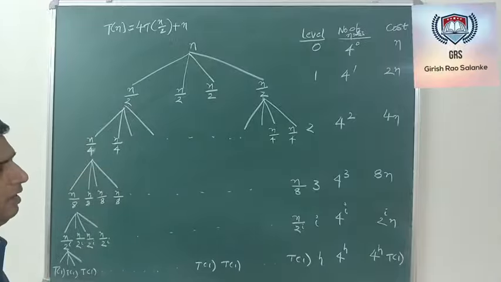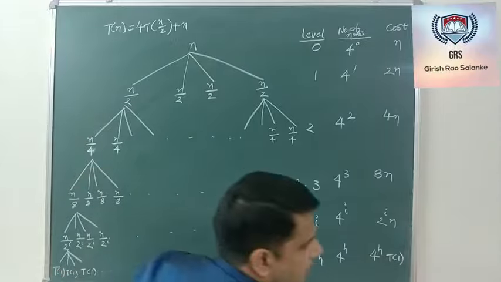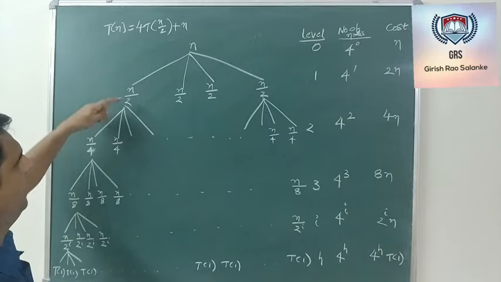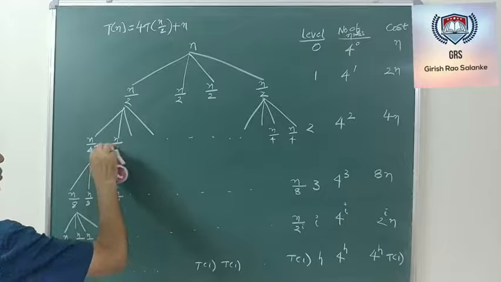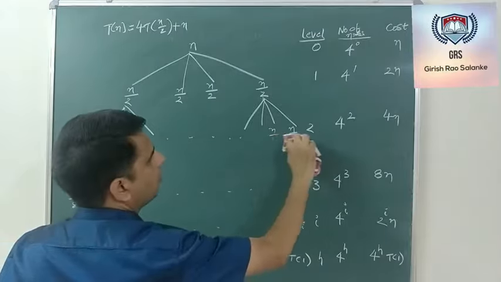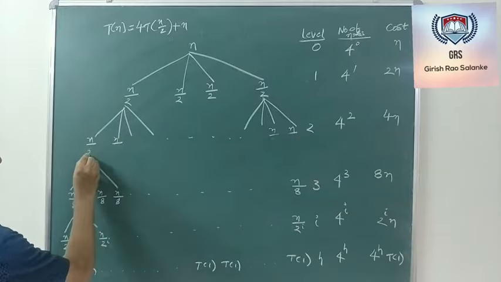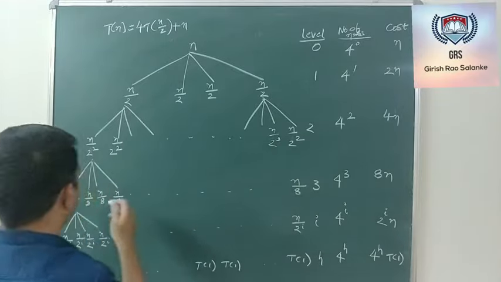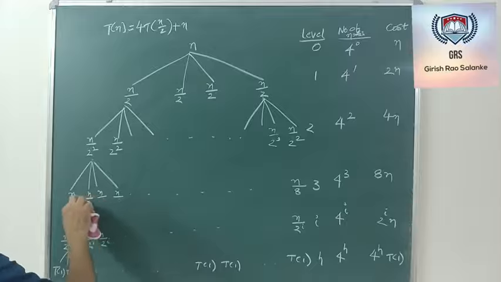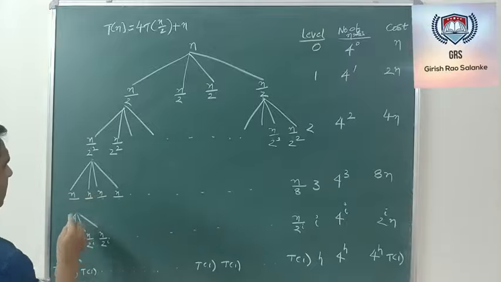Similarly, if I keep dividing, at level 1 it is fine. At level 2, rather than writing it as 4, let me write this 4 as 2 square. Let me write this 8 at level 3 as 2 cube.